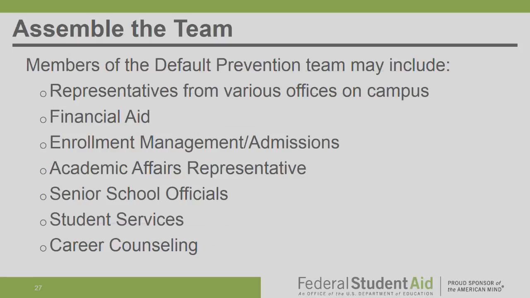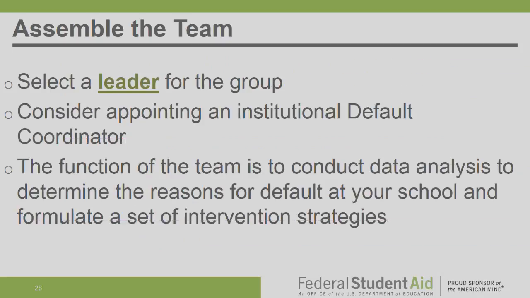And if you happen to be in a situation where you're 30% or greater, absolutely your senior officials need to be aware of what the impact to the aid programs is in the event of a high default rate. Student services and career counseling are also key areas that you want, and there may be others, but you look at your campus and decide what areas are important for you to have success.